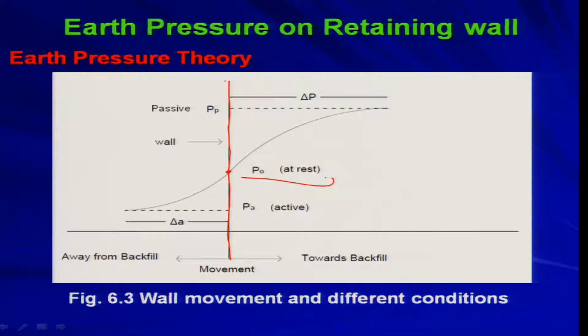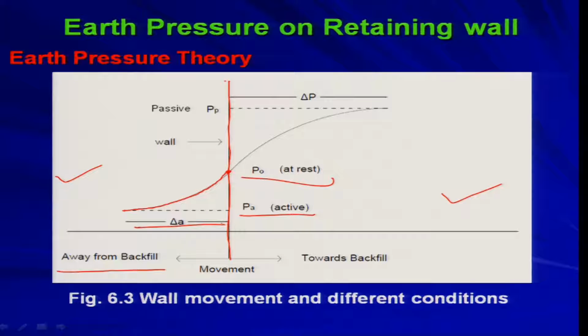Now, as I told you, if the wall moves away from the backfill, so this side is backfill, and this side is free, gradually your pressure decreases, and at the ultimate state you will get the active pressure, that is PA, and delta A is the movement required to get the active pressure.